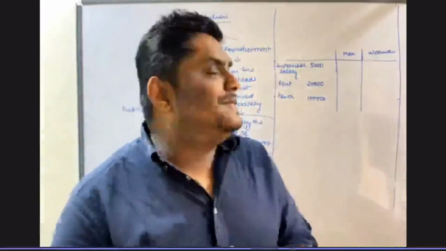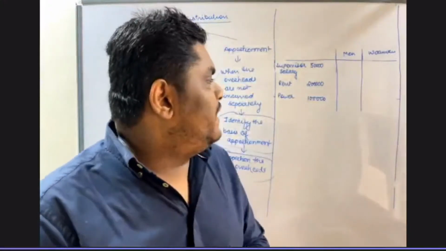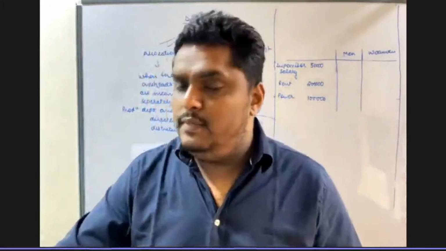Now let's say supervisor salary we are paying 50,000. The rent we are paying 2 lakh rupees and the power cost is 1 lakh.